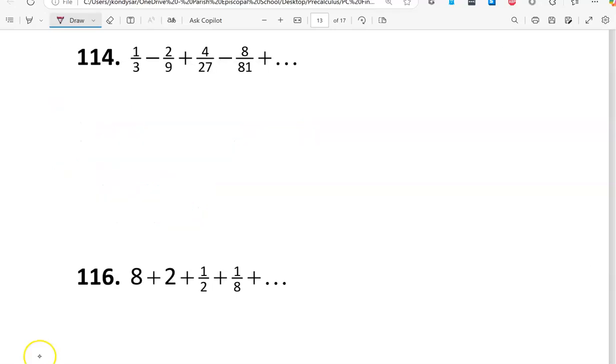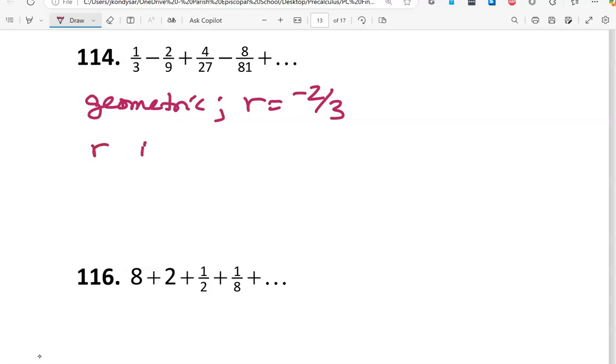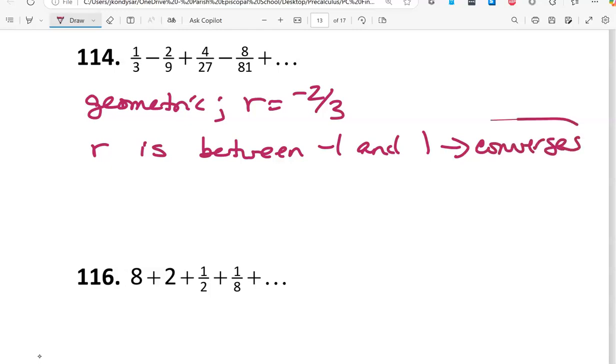In 114, we do have a geometric series again, and this time the ratio is -2/3. We multiply by -2/3 to get from one term to the next term. And so since r is between -1 and +1, the series converges, and if it converges, we actually can find its sum.